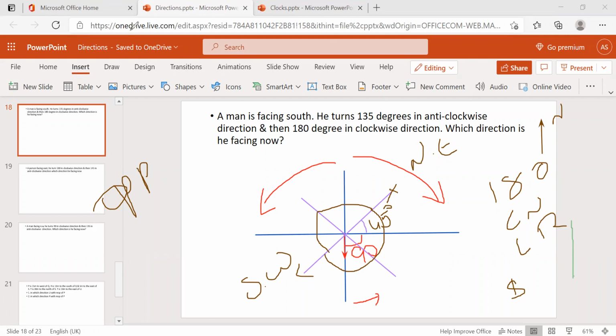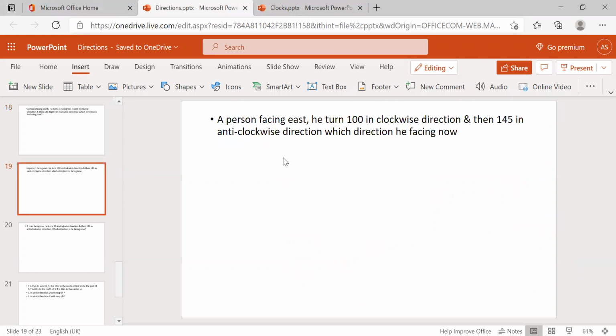Move to the next question. A person facing east. This is north, and this is east.